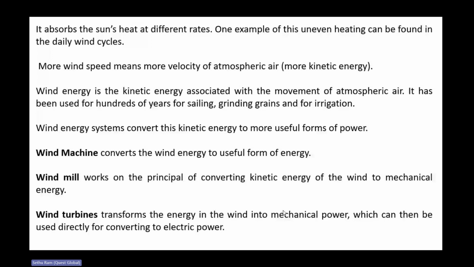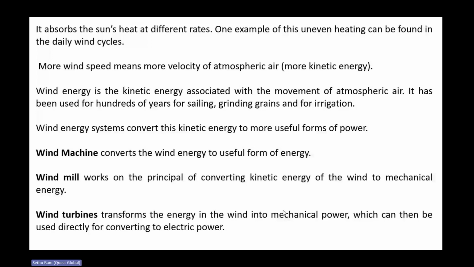Like this, the air will move from the cold region to the hot region. If the difference between the high and cold temperature is more, then the velocity of the wind will also be more. Okay, so more wind speed means more velocity of the atmospheric air.